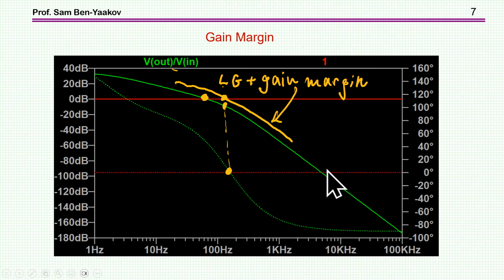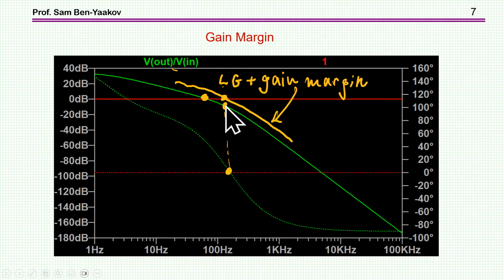So what it really means is the following. If I have a system, and this is the gain margin, and this is the 0 degrees, what it means is that if the gain of the system increases and the whole loop gain line is shifted upward, then if it is shifted by a gain of this distance, the system will be unstable because then the phase margin is zero.